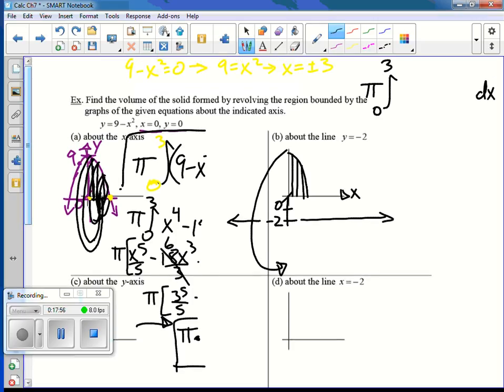And now we're going to start finding the radius. This is where you need to practice drawing your graphs. Now, do you see this blue dot right here? If I rotate this part around this axis, this is going to be the same also right here.